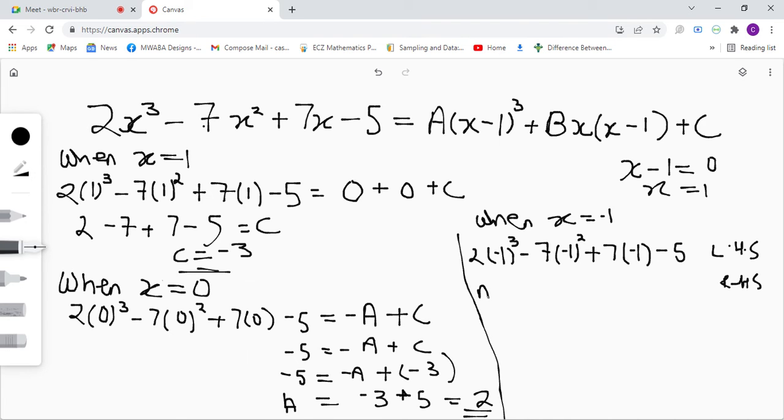Okay, on the right hand side, we're going to have a of negative 1 minus 1 to the power 3 plus b times negative 1.